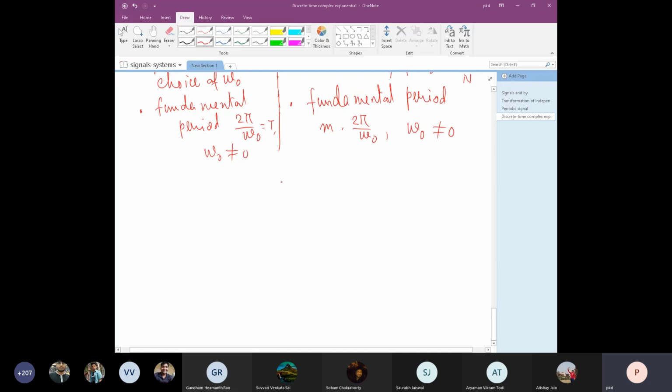There are some other observations: this can be periodic with integer or real period. Here it has to be an integer. Period can be only an integer.